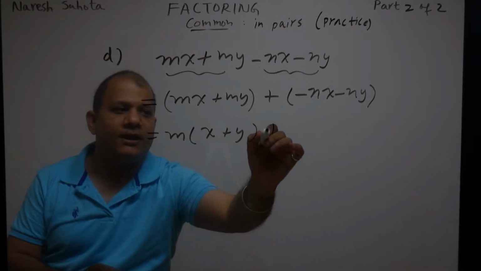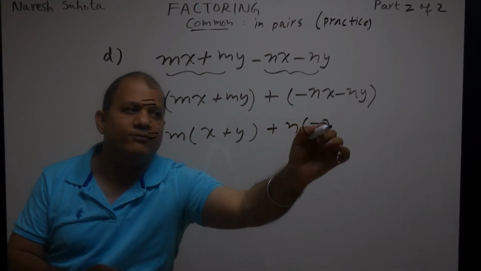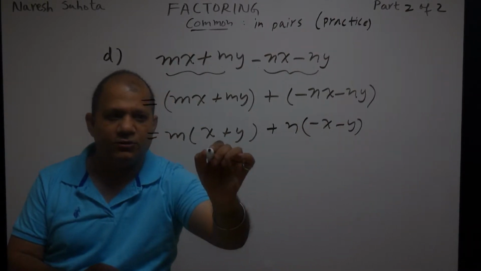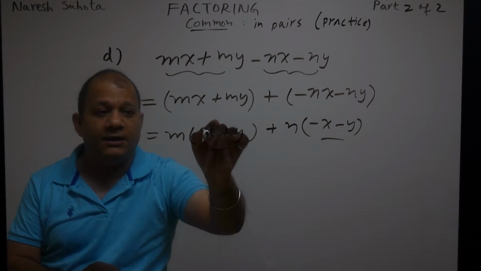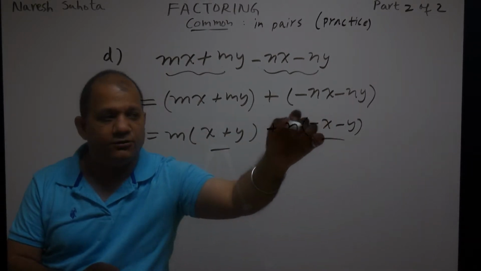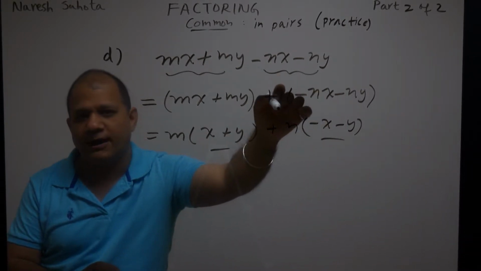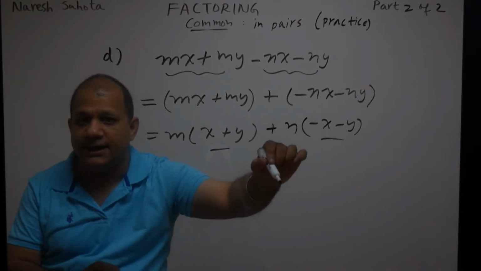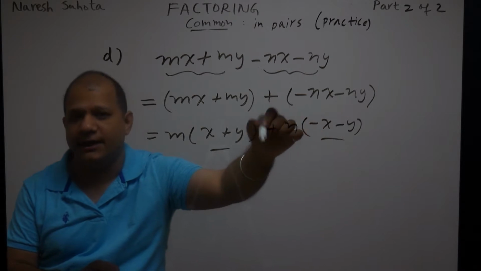If I factor out n, then I'm going to be left with minus x minus y in here, right? The next question is, are these two the same? The signs are different. This tells me that I really need to factor out negative n, not just n. Or I can do that at the next step, where I factor negative 1 out.